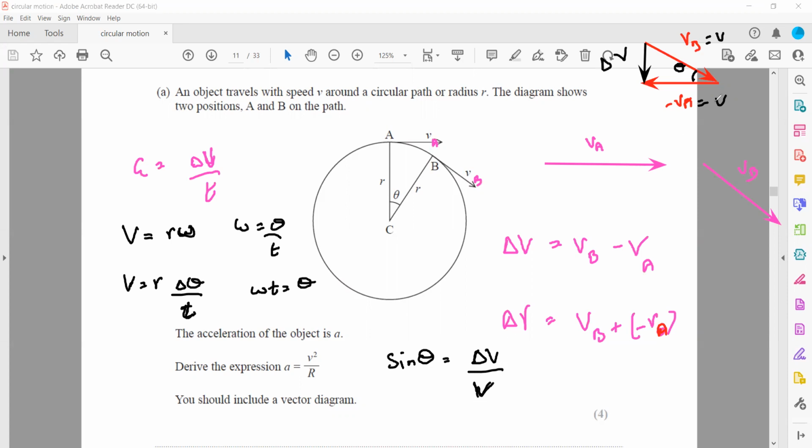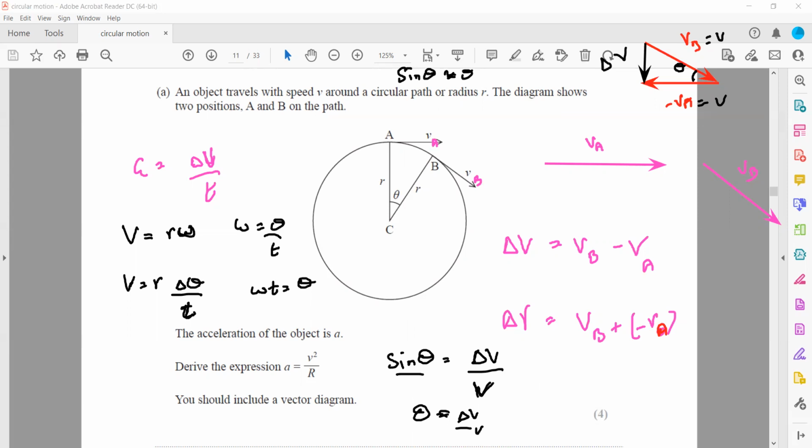But VA and VB are the same as V, so theta is equal to delta V divided by V. When theta is very small, normally in radians, sine theta and theta have approximately the same value. This is the only condition: sine theta is approximately equal to theta when theta is very small. So in place of theta, I can also write delta V divided by V.